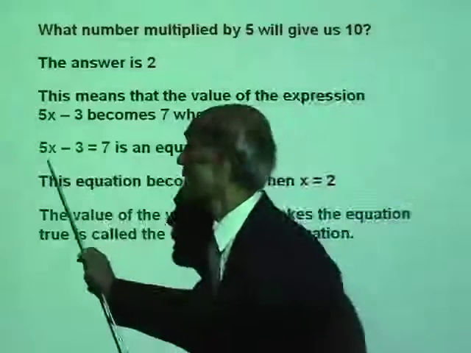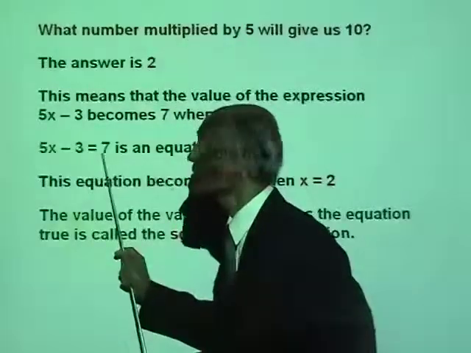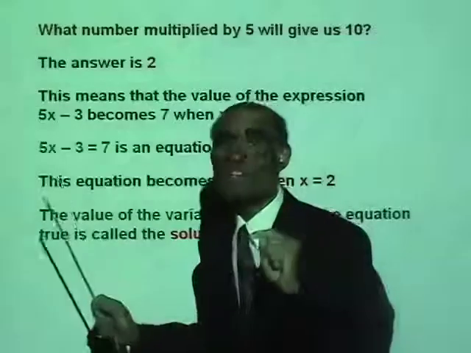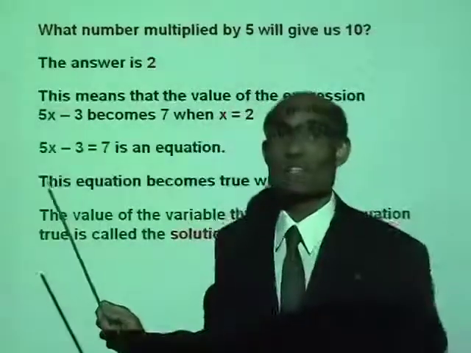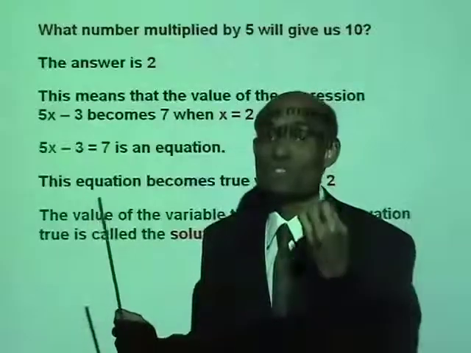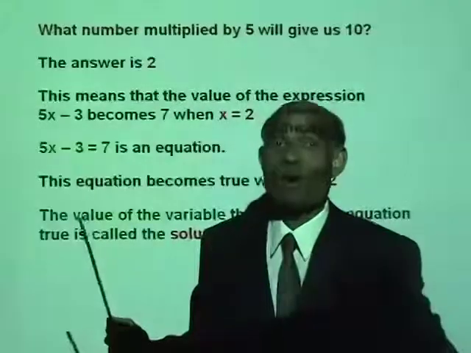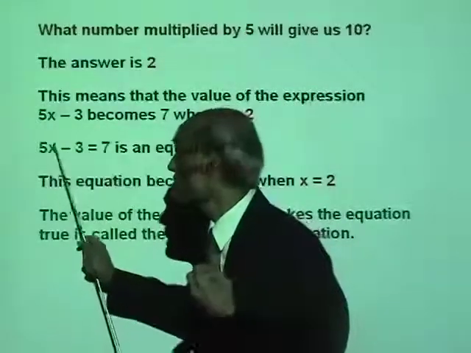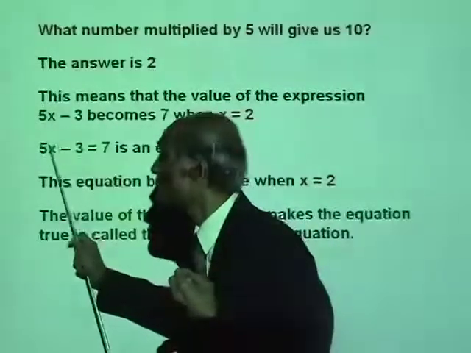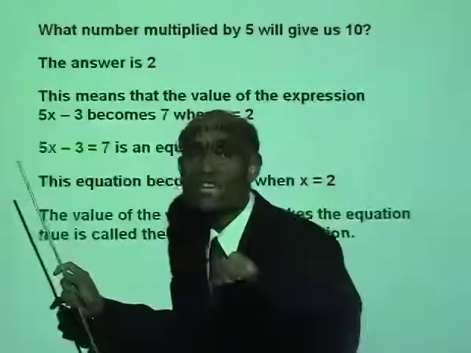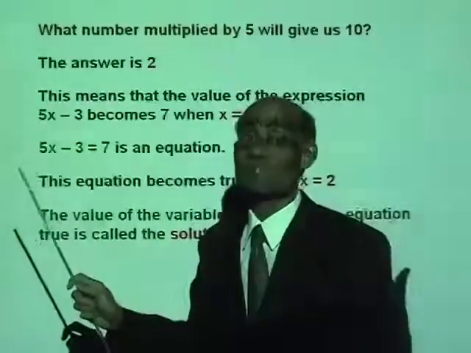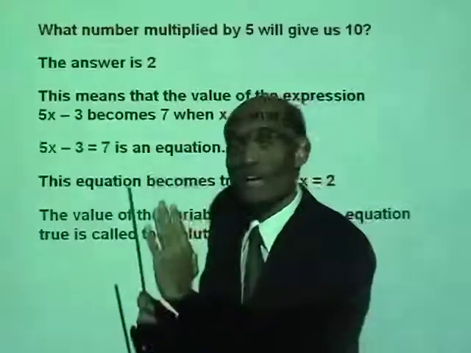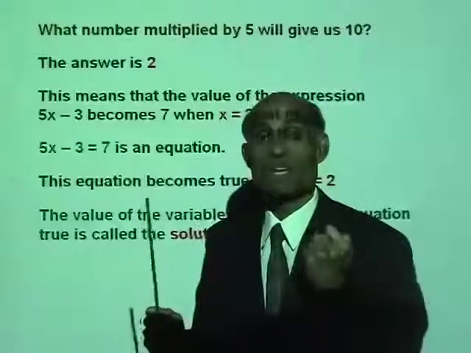Now here, 5x minus 3 equal to 7 is an equation. What is the solution of that equation? In other words, solution means the value of the variable. What does that mean? It means the left-hand side and the right-hand side will be exactly the same.